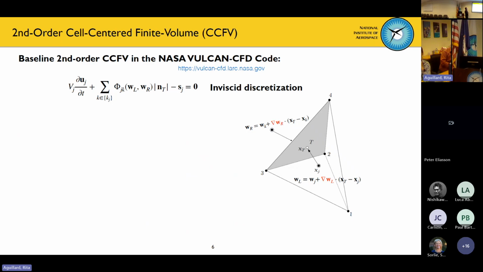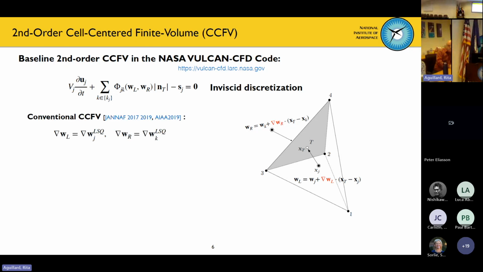I started to work with Jeff White on the NASA Falcon CFD code, developing a second-order finite volume scheme. This is the usual second-order finite volume for inviscid discretization. You have solutions at cell centers, and you need to linearly reconstruct the solution to the face center and then compute the numerical flux. What you need are the gradients at cells, right?